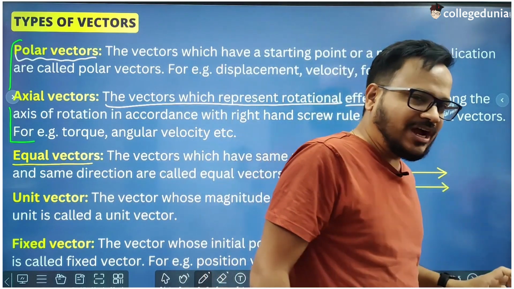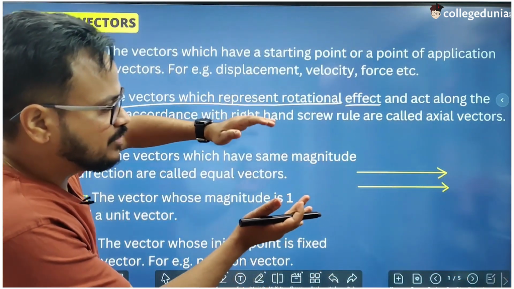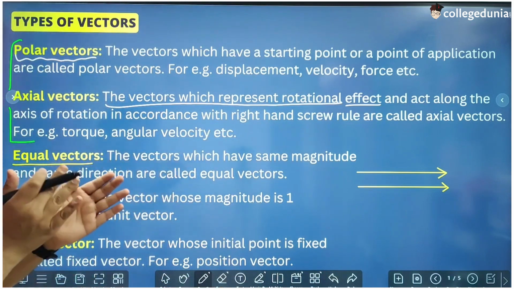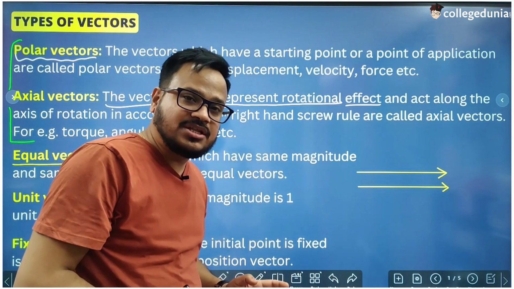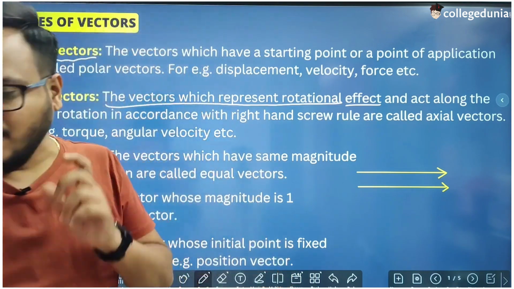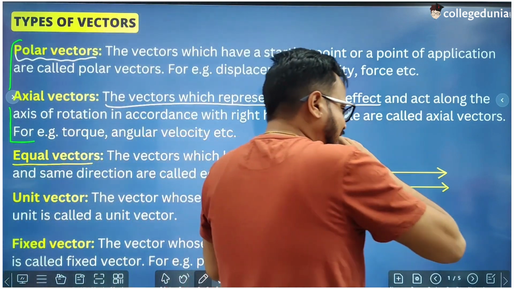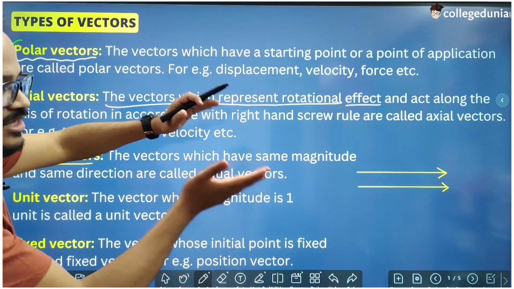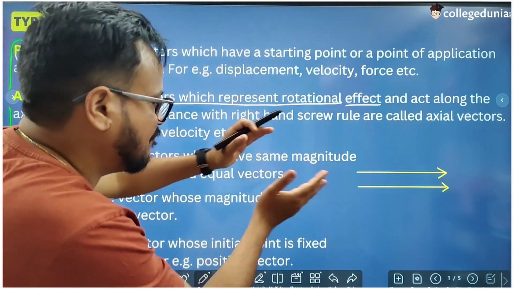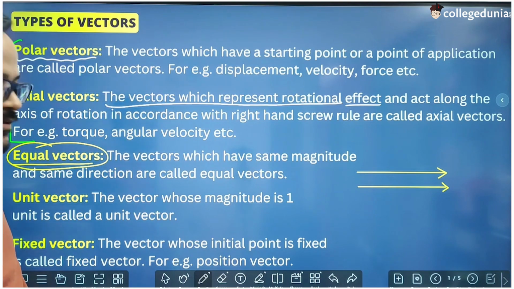In diagrams of vectors, the length of the vector decides the magnitude of the vector. So if the length of these two arrows is same, then they are representing two vectors having same magnitude. So these two vectors have same magnitude and same direction. These vectors are called equal vectors.